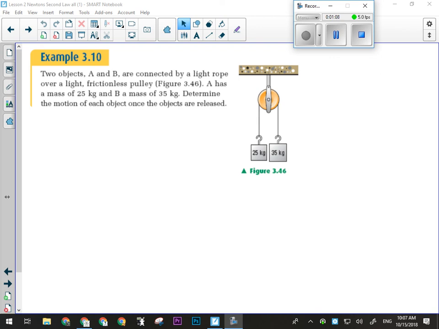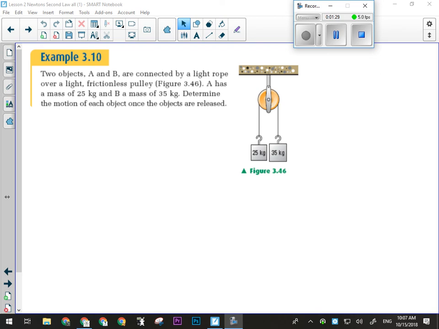But in this situation, we have a system. The magnitude of the accelerations of those two masses, even though they're 10 kilograms different, is going to be the same. The direction of those accelerations is going to be opposite. One's got to go up and one's got to go down because one's heavier than the other.